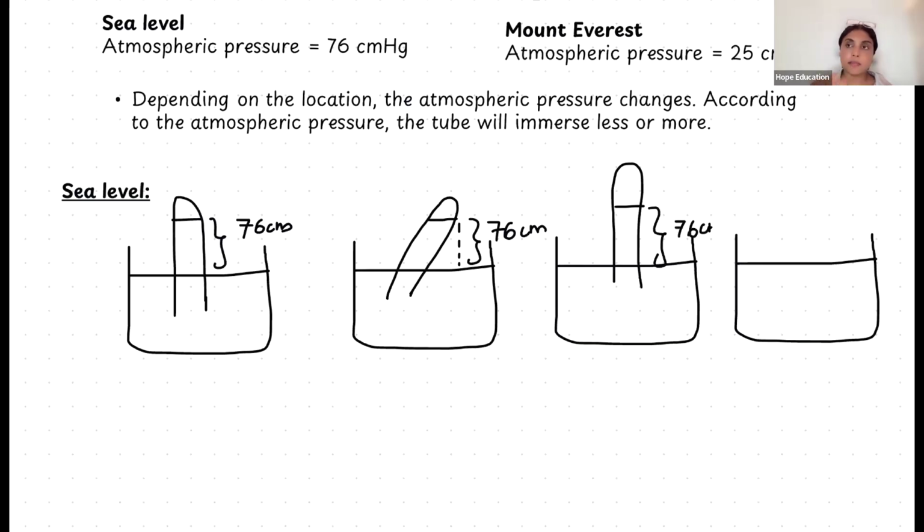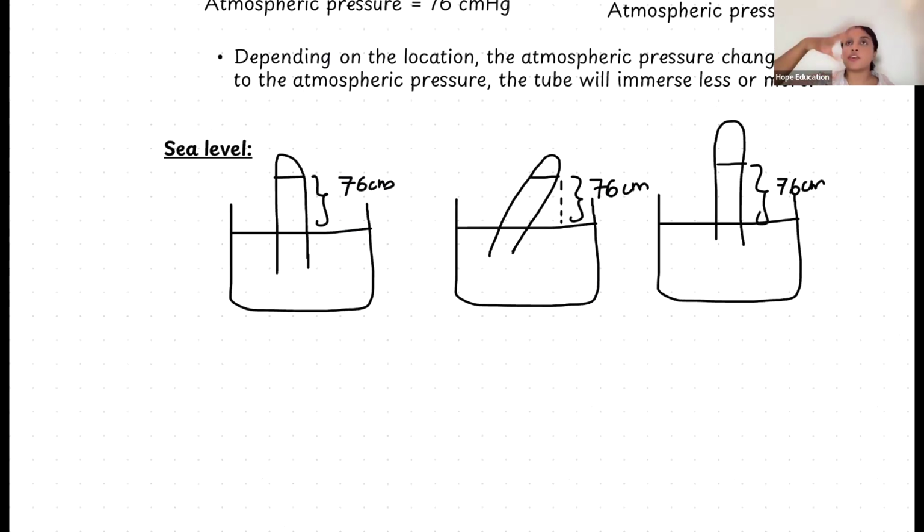And I can also immerse it a bit more, still the height will be 76 centimeters. So at the same location, whether you keep the tube upright, straight, or incline it, or immerse it more or less, the height of the mercury column will not change. Why? Because the atmospheric pressure will be the same, right?